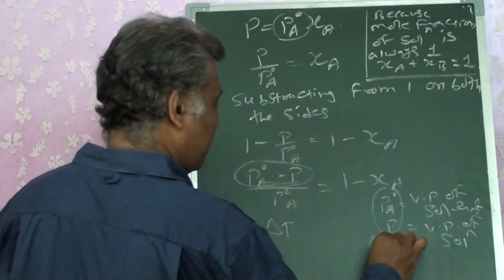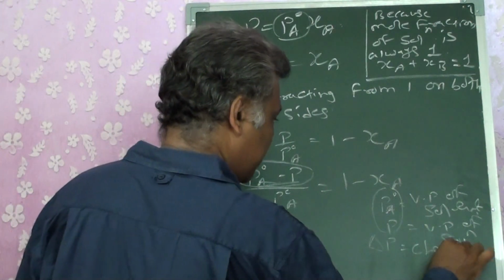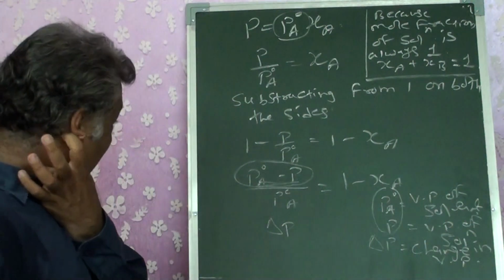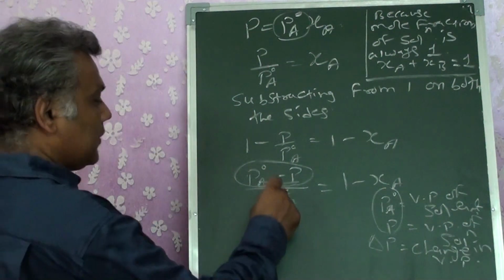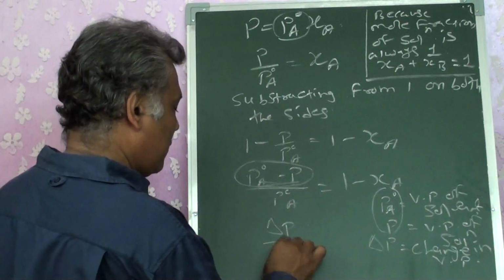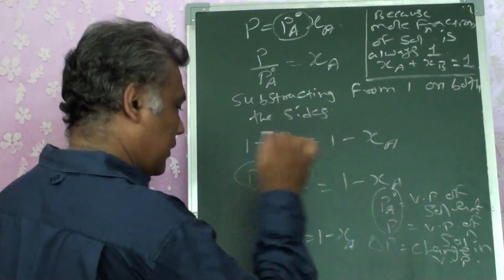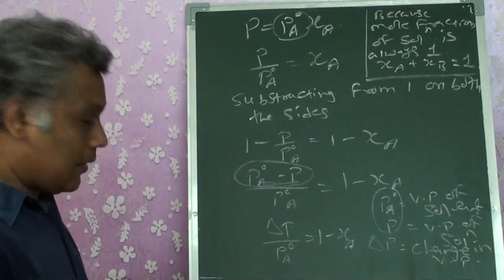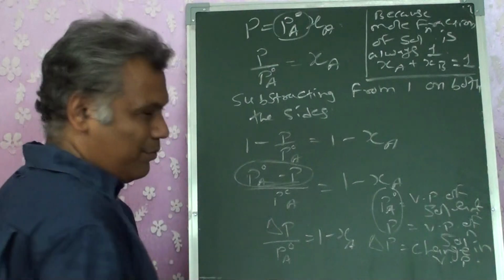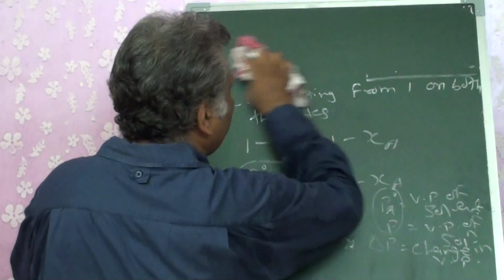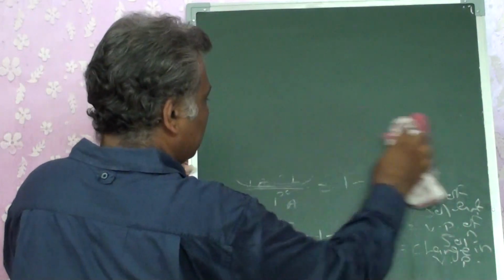Delta P means the change in vapor pressure. So delta P upon P naught A is equal to 1 minus XA. Because of the limitation, I am writing it again. Please make sure that you have clear ideas.